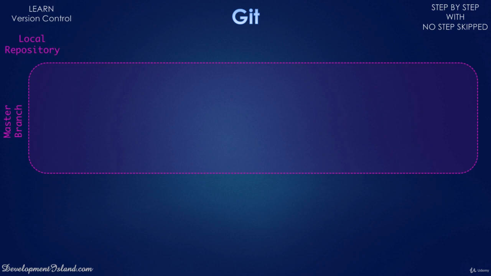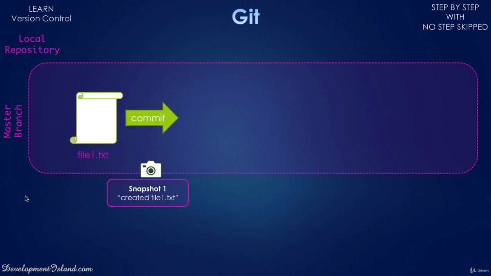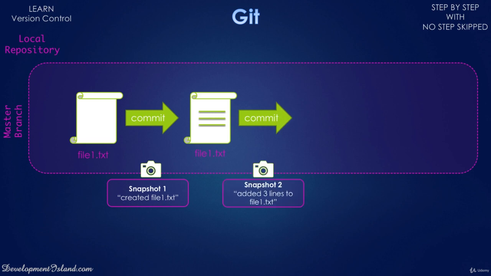So let's start by creating our first file, file1.txt. Now, if you commit here, you're going to create a snapshot and you can attach a message to your commit saying created file1.txt. Now, if you make some changes to your file, adding 3 lines, for example, and then you commit, that's another snapshot, and the message could be added 3 lines to file1.txt.